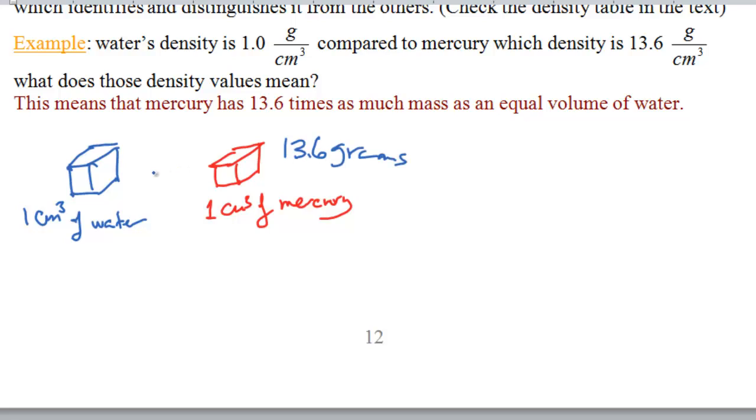Will be 13.6 grams. While the mass of 1 cubic centimeter of water will be how much? Will be 1 gram. So the same volume of mercury will be 13.6 times more heavy than the same volume of water. Notice here the key word is the same volume. So this is per cubic centimeter. So this is what density tells us. Tells us how much mass you have per volume, per unit volume.